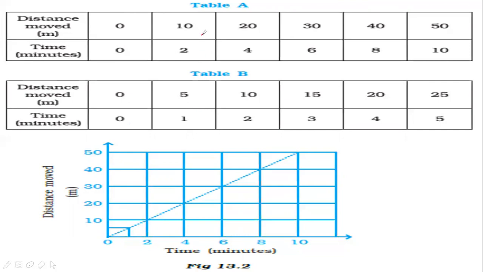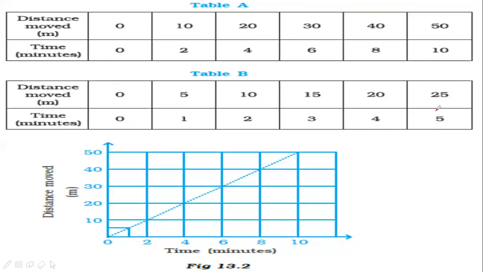If 10 is reduced to 5, 2 will be reduced to 1. So the 1:5 ratio or 2:10 ratio means the same thing. And the last one, the ratio of 50 meter to 10 second, is the same as 25 meter to 5 second, 1:5.